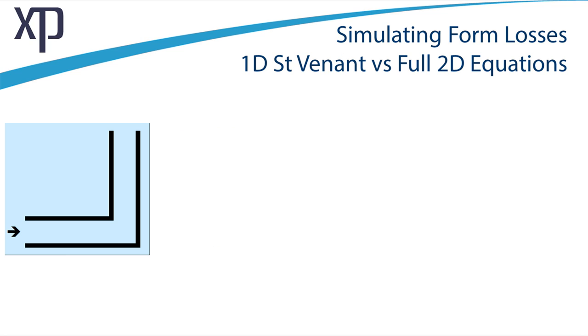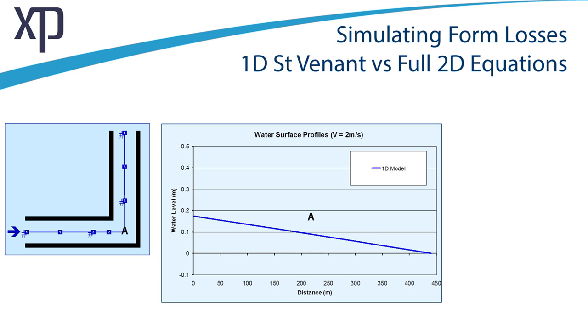Here on the left you can see a little model which is of a right angle bend, and if we make a little 1D model of that setup, essentially we end up with a profile that looks something like that, and it's basically following Manning's equation. And as far as the 1D model is concerned, it doesn't know about that bend. You could bend to the left, it could bend to the right, it could go straight ahead. It just doesn't know that that bend exists.